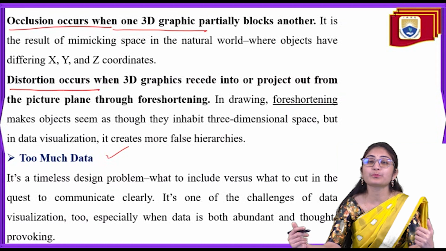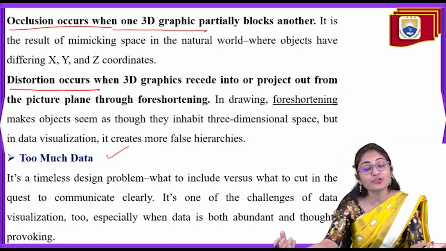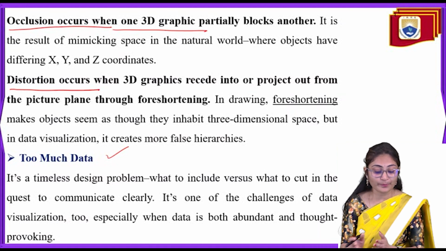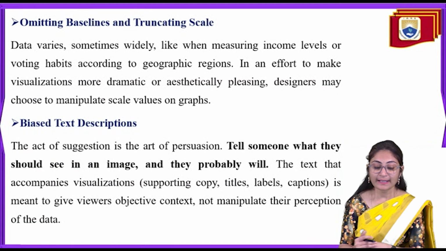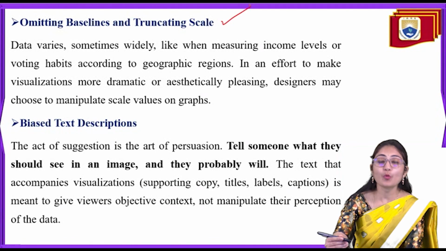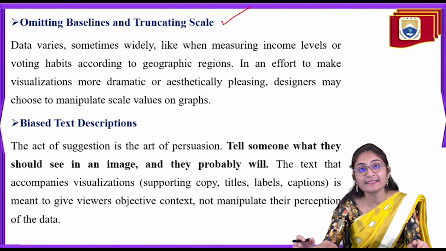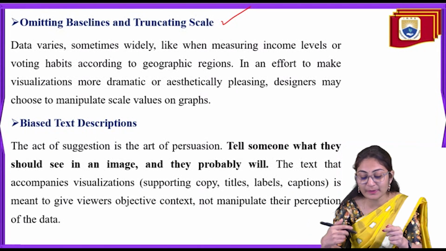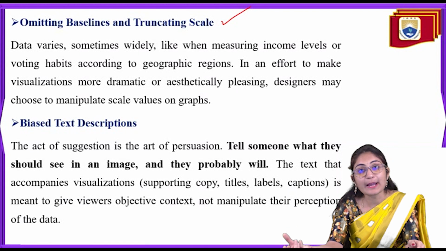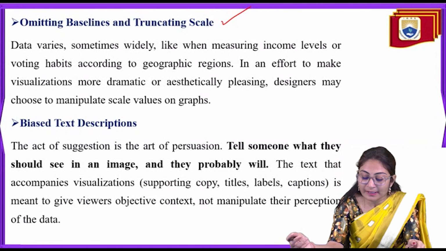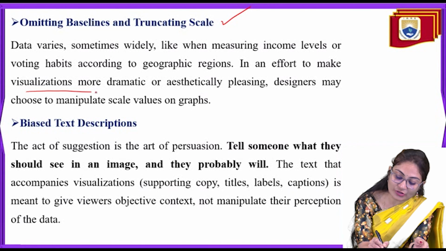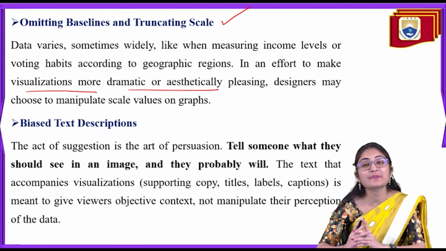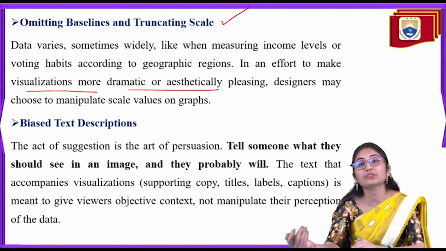It's one of the challenges of visualization, especially when data is both abundant and thought-provoking. Then the next one is omitting baselines and truncating scales. Data varies, for example when measuring income levels or voting habits according to geographic regions. In an effort to make visualization more dramatic or aesthetically pleasing, designers may choose to manipulate scale values on graphs.